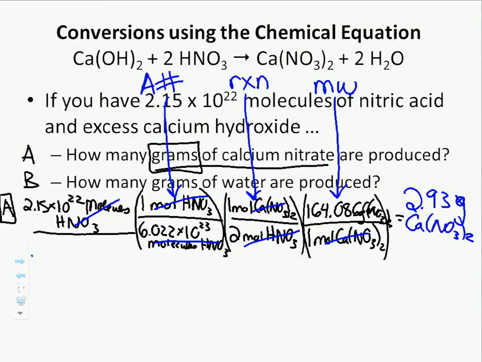Let's do B. 2.15 times 10 to the 22nd molecules of HNO3. We want to use Avogadro's number to convert to moles.